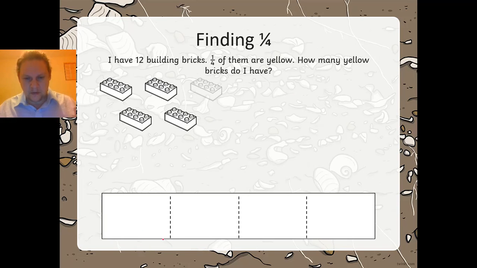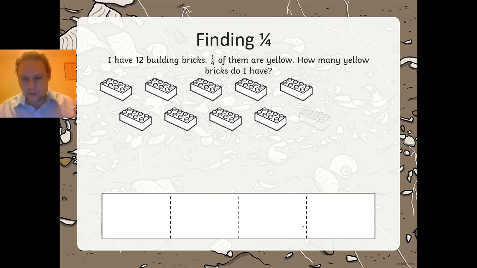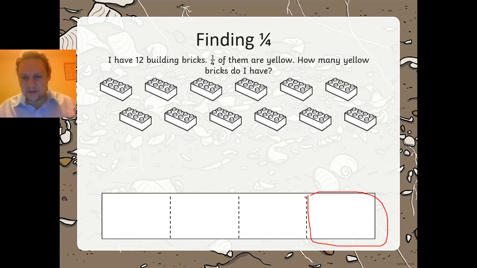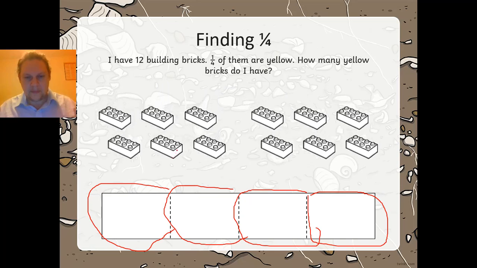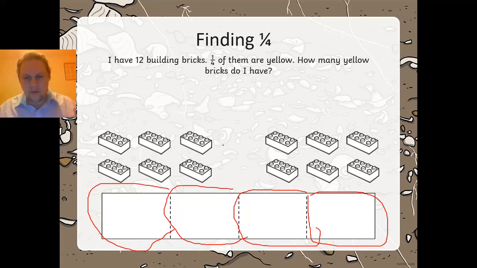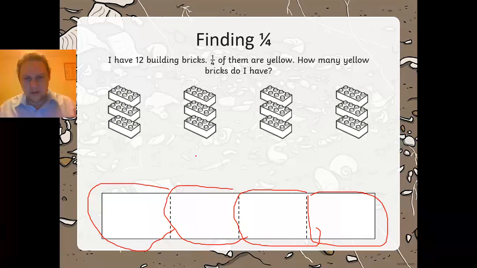Okay, so down the bottom here, we're creating 4 equal groups, or 4 placeholders, 4 places to put our equal groups. Okay, 1, 2, 3, 4, 5, 6, 7, 8, 9, 10, 11, 12. Now, we're going to move these into their 4 equal groups.